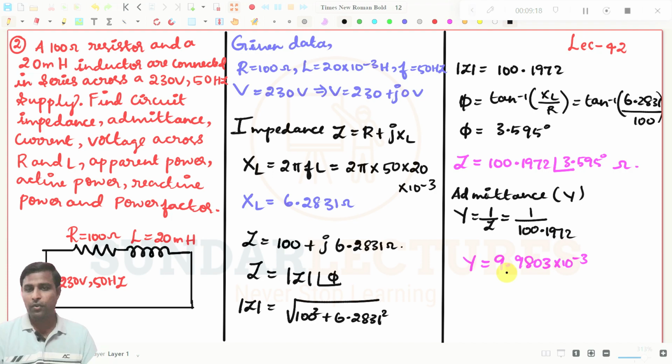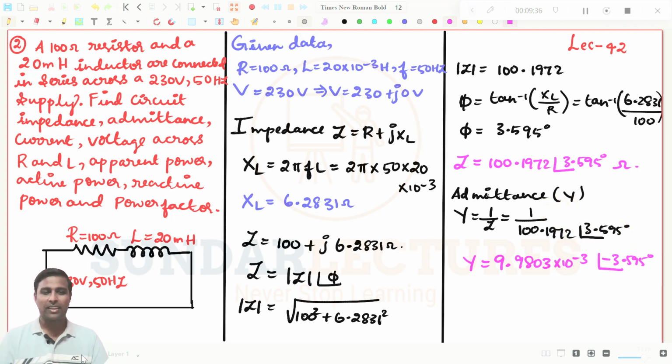If you get an angle also, you write it: 3.595 degrees. And if you write like this, then this is at an angle of minus 3.595 degrees. That's all. Simple. If you move it to the numerator, then the degree value becomes negative. So this is how you need to find the value of Y, that means admittance.